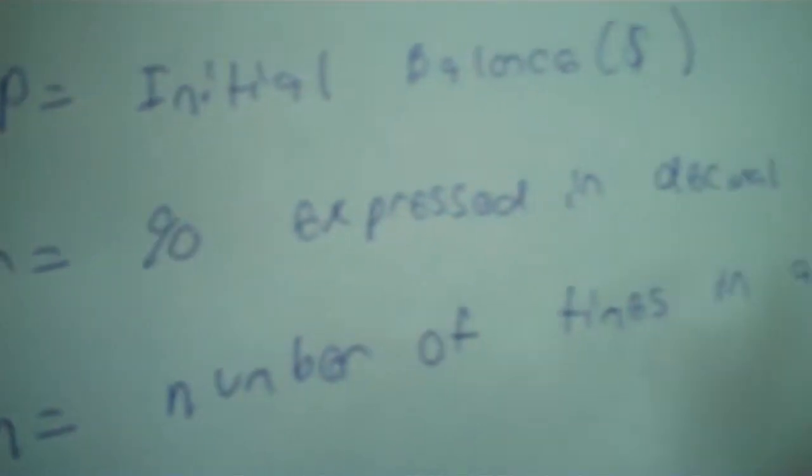So my P is 100. R is the rate, okay, percent expressed in decimal form. So 0.04. N is number of times in a year. Quarterly, the N is 4. Okay. And then T is the years. We don't have that, so that's your question mark.